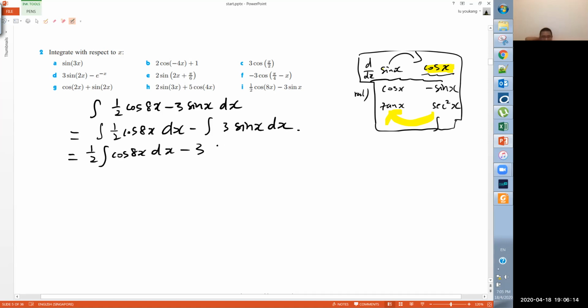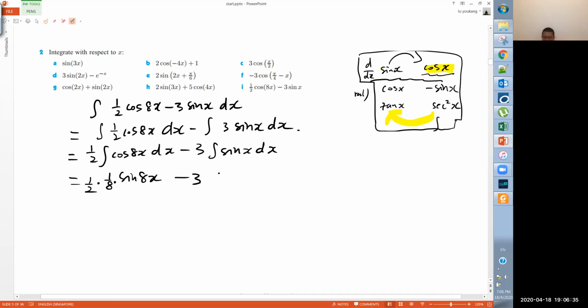The 3, you can also take it out. So it becomes super simple. So cosine 8x, you're supposed to get sine 8x. And you know that when it comes to the differentiation of sine 8x, you're supposed to take out the 8, right? So you need to have your 1/8 to cancel the effect.